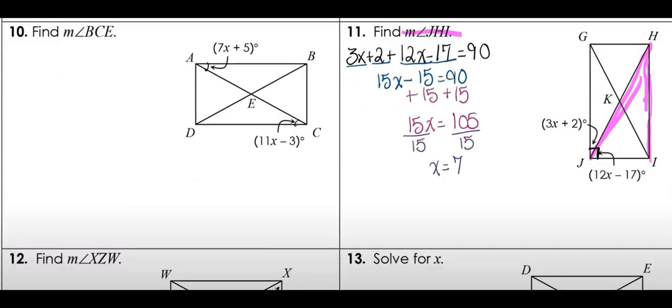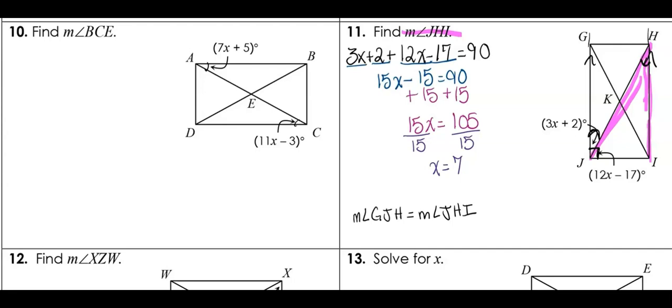Now we're going to try and find the measure of angle JHI. We know that these two lines are going to be parallel, and that's actually going to form an alternate interior angle. So let's write that down: the measure of angle GJH is going to be equal to angle JHI because they are alternate interior angles formed by two parallel lines.